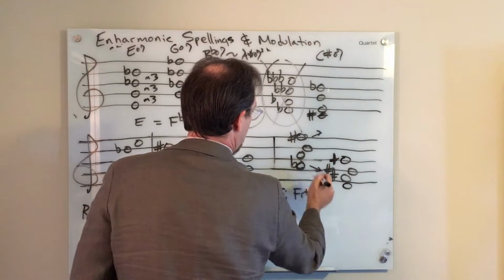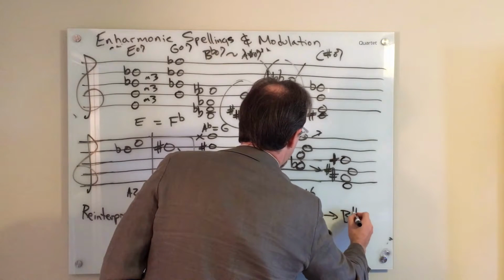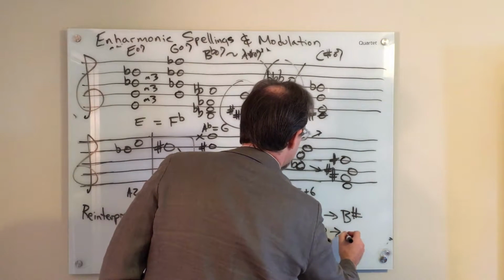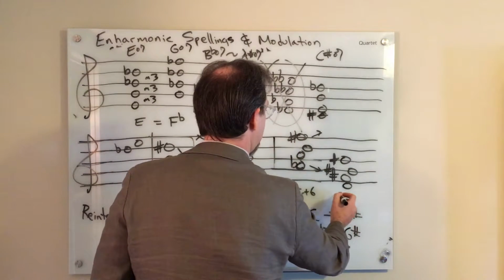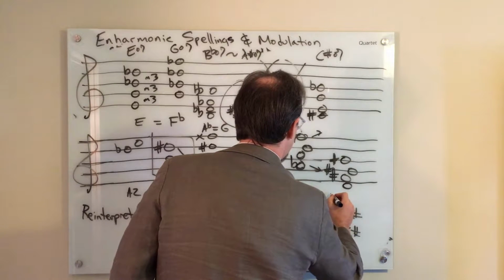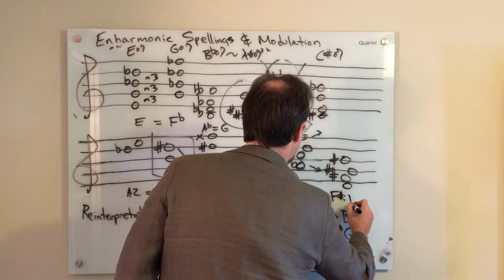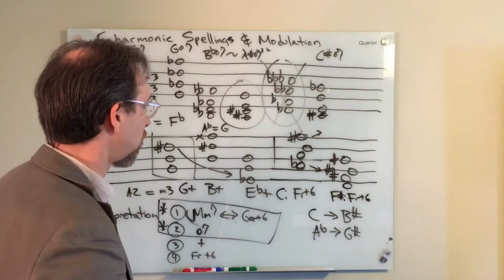So C becomes B sharp, A flat becomes G sharp. And now we have a French augmented 6, but we're in another key. We're in the key of F sharp.